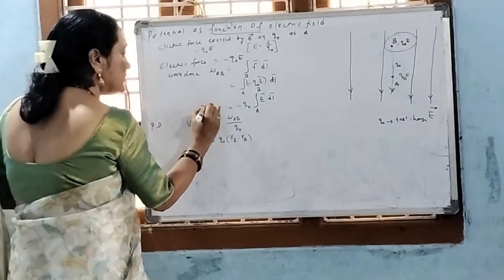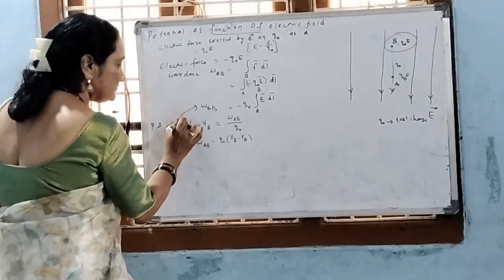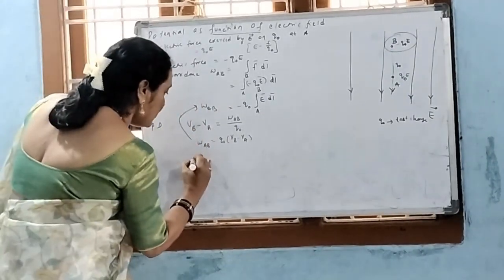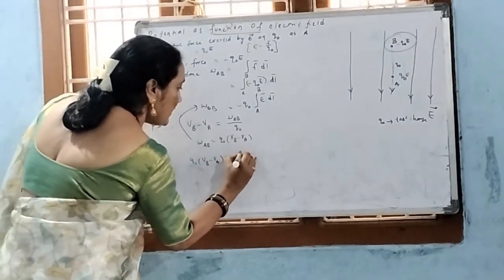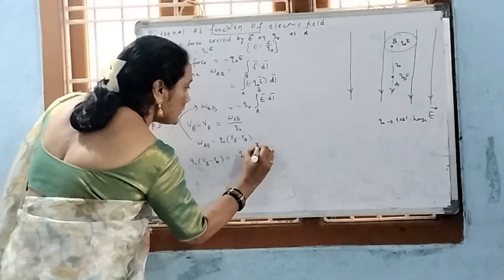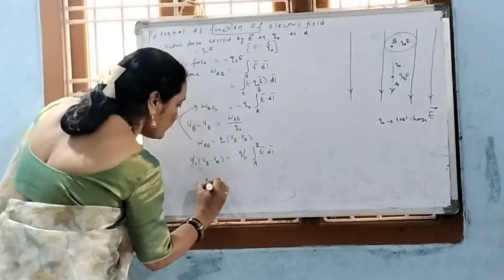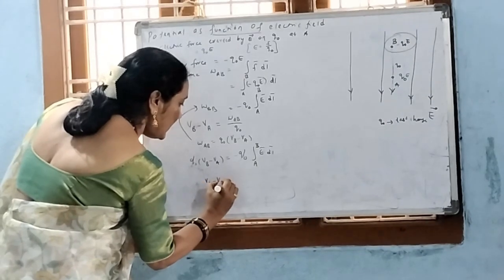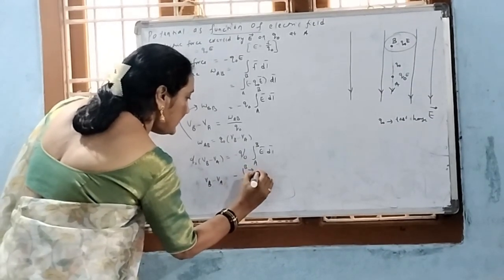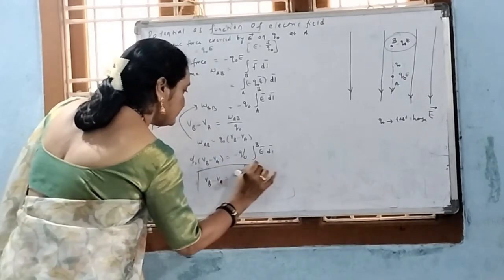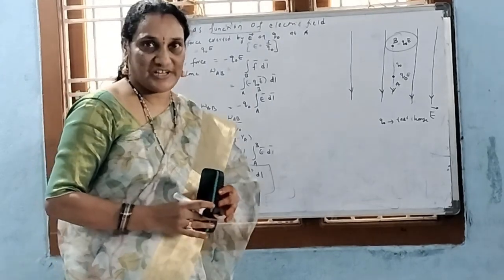Now substitute this in the previous equation. We get Q0 (VB minus VA) equals minus Q0 integral from A to B of E dot dl. Q0 cancels out. So VB minus VA is equal to minus integral from A to B of E dot dl. This is the required equation.